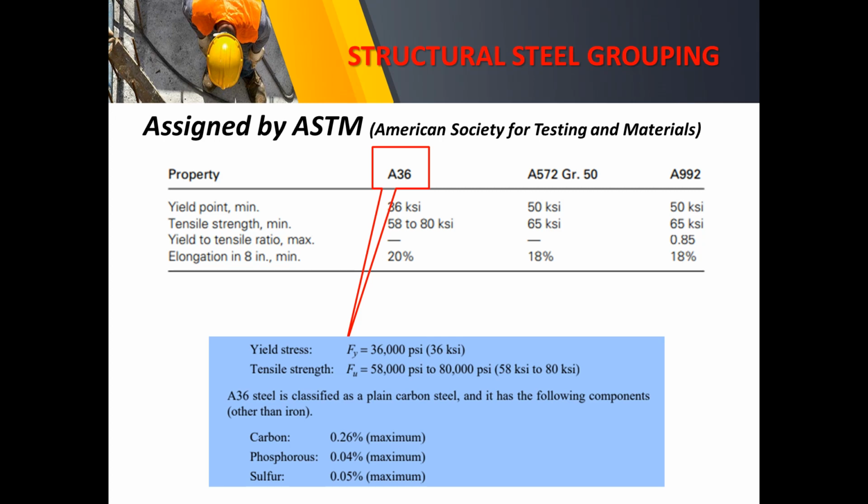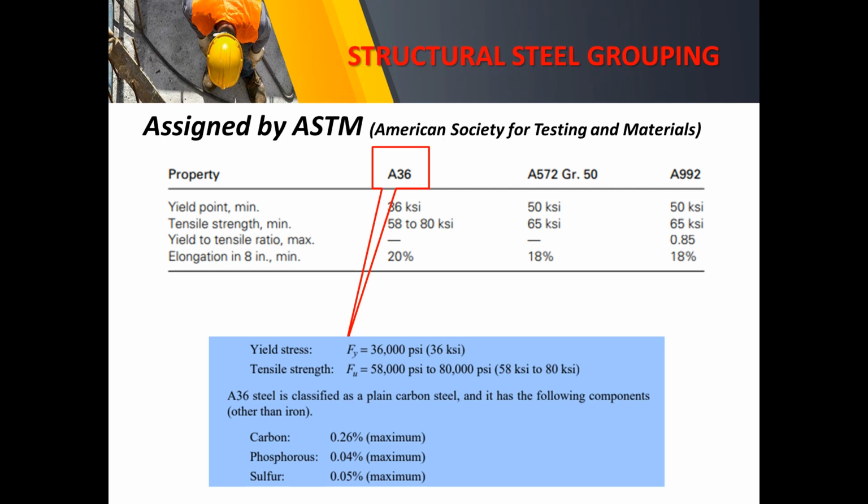While the tensile strength Fu is equal to 58,000 psi, pounds per square inch, or that will be equal to 58 kips per square inch. So A36 steel is classified as a plain carbon steel.